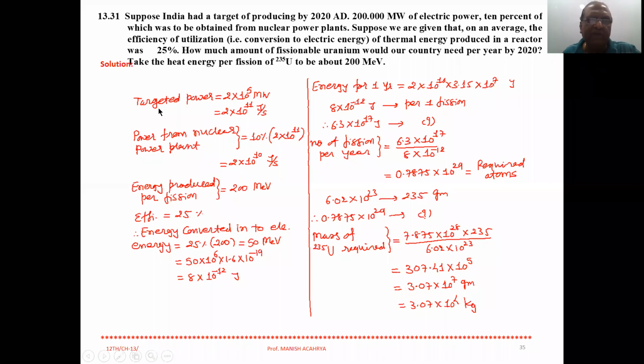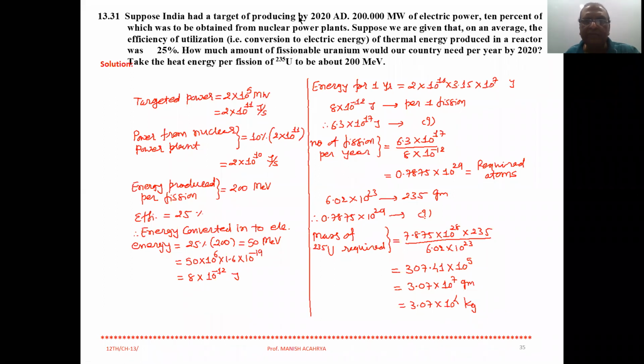Now see, the targeted power is 2 lakh megawatt. So 2 into 10 raised to 5 megawatt means the targeted power is 2 into 10 raised to 11 joule per second.